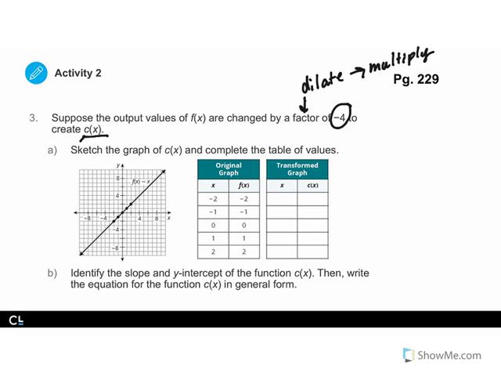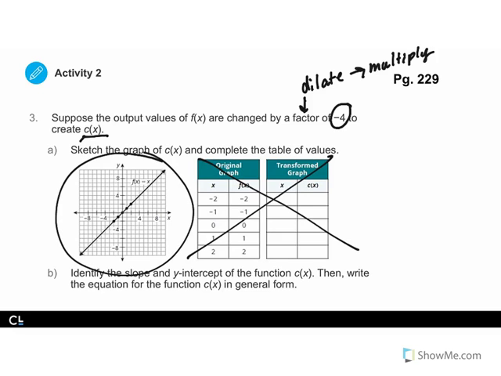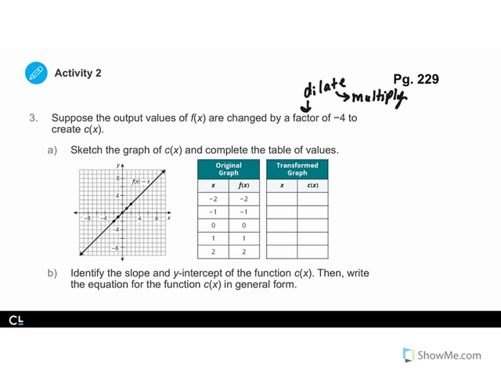So we're going to keep all the same x values. Remember, they did not do this on here for you this time, so you're going to have to write it in, which on your exit ticket tomorrow, you guys, doesn't have any of this. This is the only thing that's on there, and then the question. So you're going to have to draw this table, and you're going to have to know what to do with it.